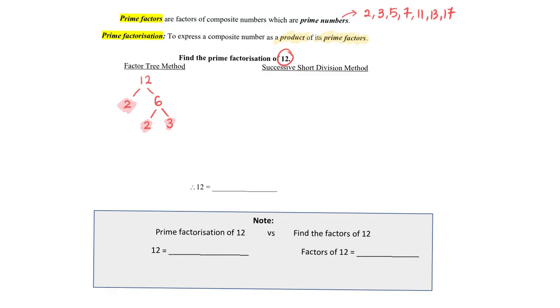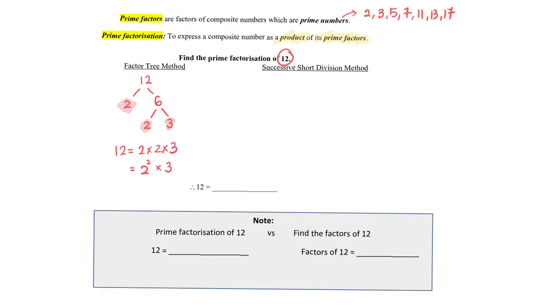And we end with prime numbers. And so in this case, 12 will be equals to 2 times 2 times 3. And if I want to write it as an index notation, which we will learn later on, 2 times 2 can be written as 2 power 2 times 3.